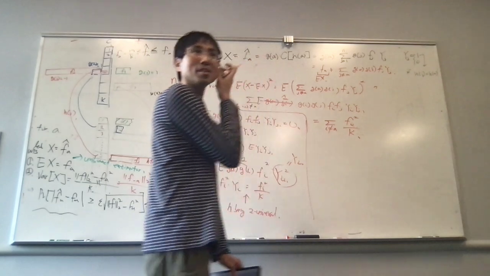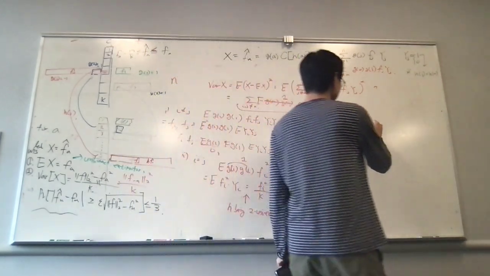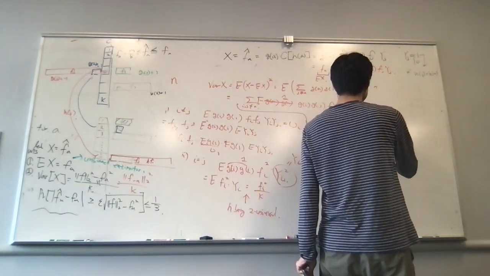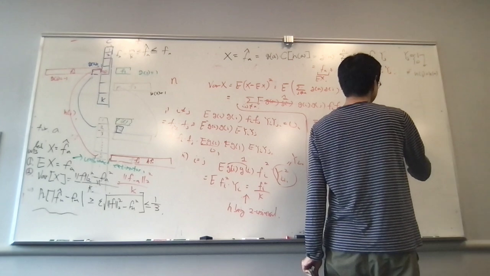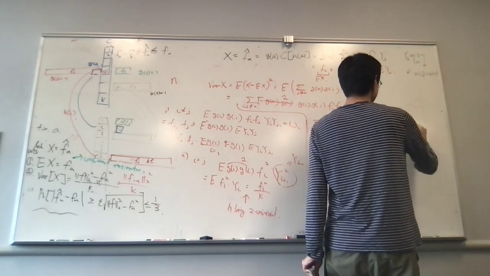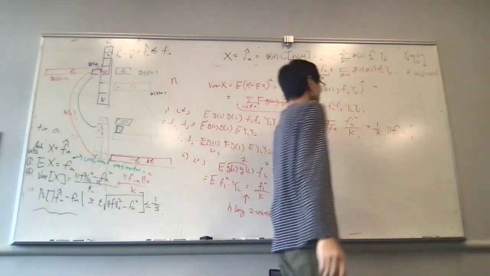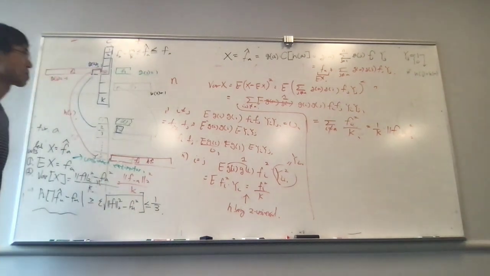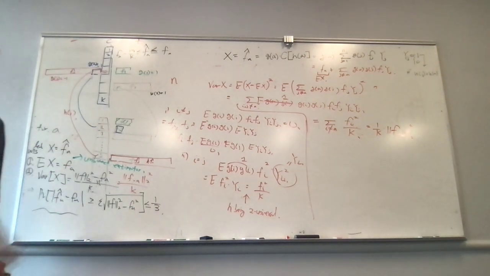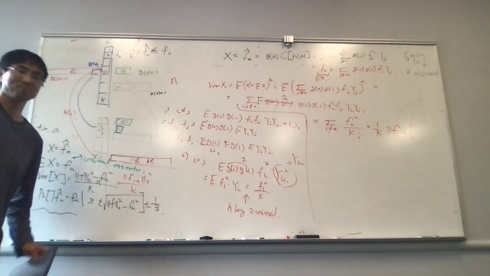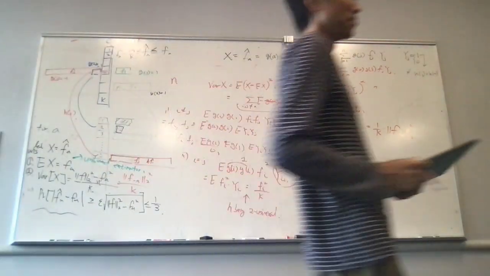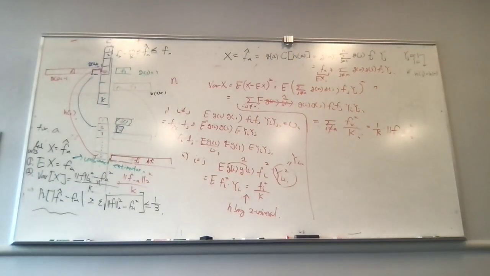This is exactly 1 over k times f minus a added to small. Okay, that's good. Any more questions here?